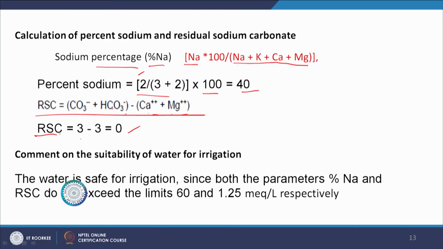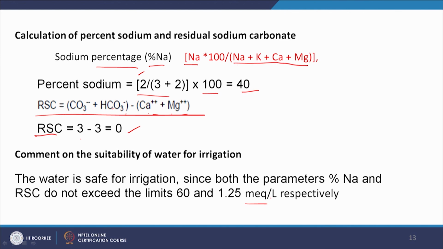In the last part of this problem it was asked to comment on the suitability of the water for applications in irrigation. We know that there are two criteria, percentage sodium and RSC. If the percentage sodium value is less than 60 and the RSC value is less than 1.25 milliequivalent per liter, then the water is suitable for applications in irrigation.